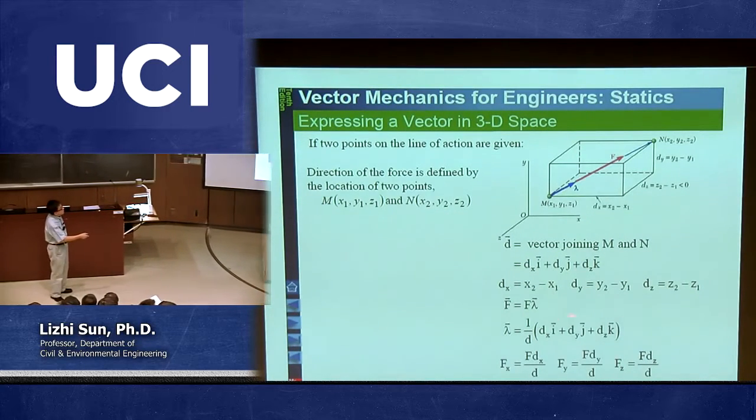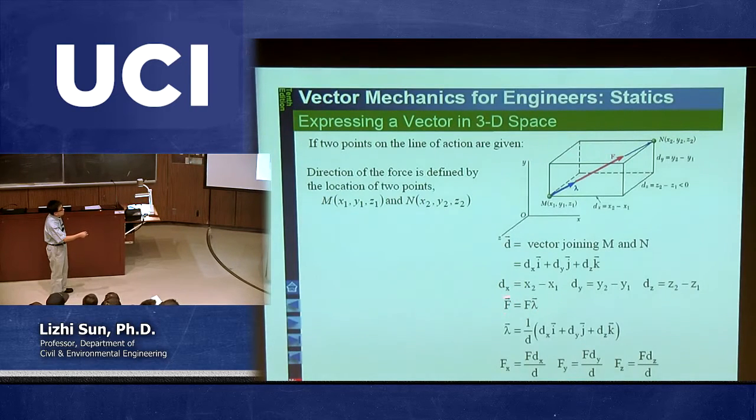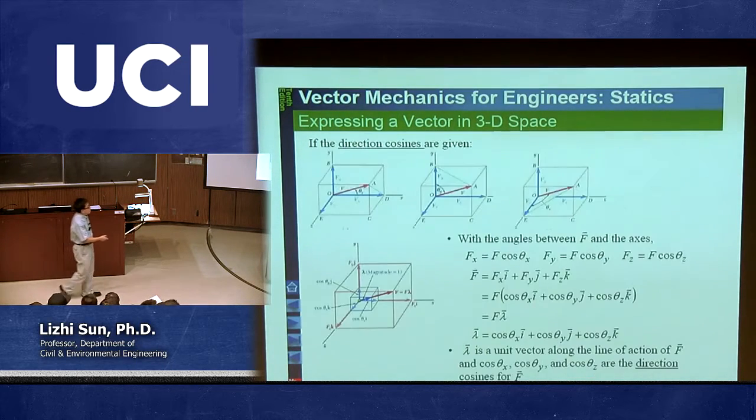Once we get the unit vector, we can describe a 3-dimensional force vector in terms of this equation. Occasionally, we ask you to calculate the direction cosines of this 3-dimensional force vector, which means you need to calculate these 3 angles, theta x, theta y, theta z. These are the direction cosines. In other words, they determine the direction of the force.